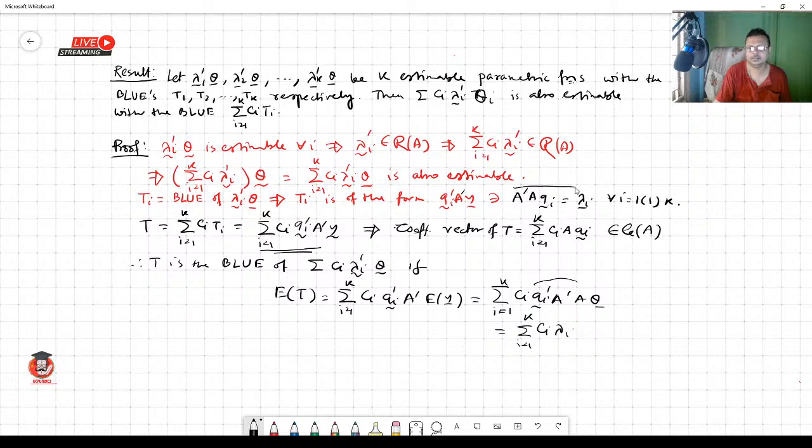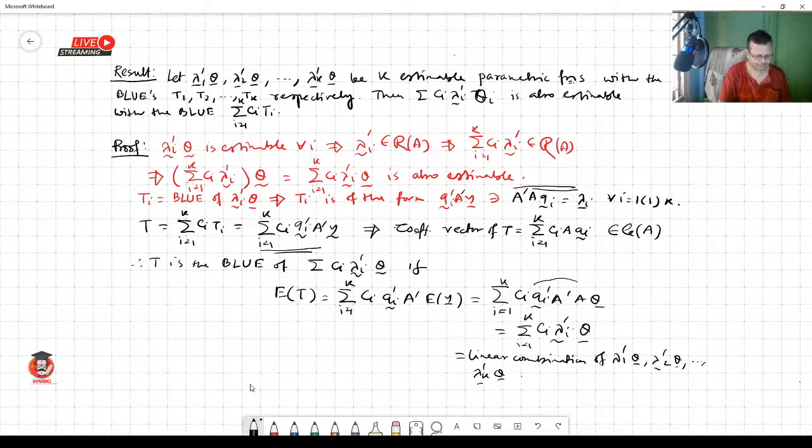See that λi'θ is a linear combination of λ1'θ, λ2'θ, ..., λk'θ.